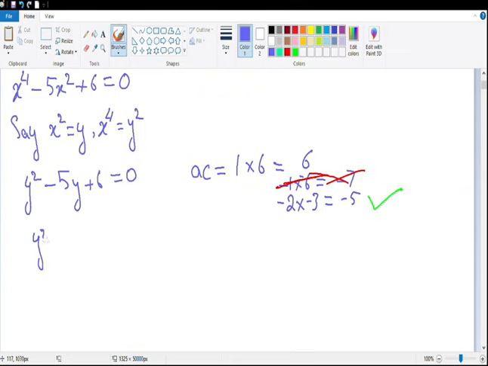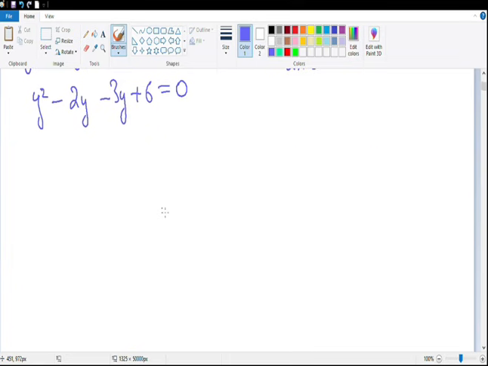So it's going to be y squared minus 2y minus 3y plus 6 is equal to 0. So here we can take y common. So y into y minus 2 minus 3 into y minus 2 is equal to 0.